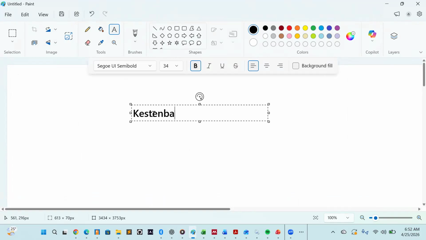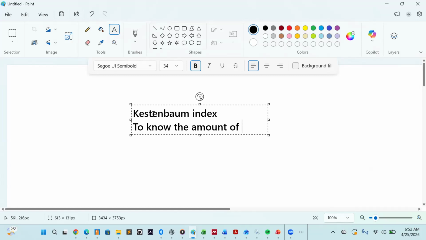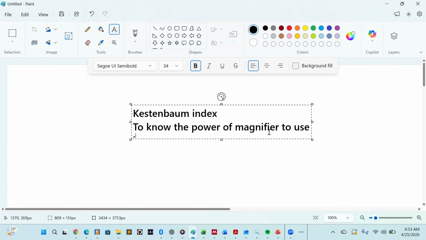I just want to remind you again, you have to calculate the testable index, which helps you know the power of the magnifier to use in low vision.